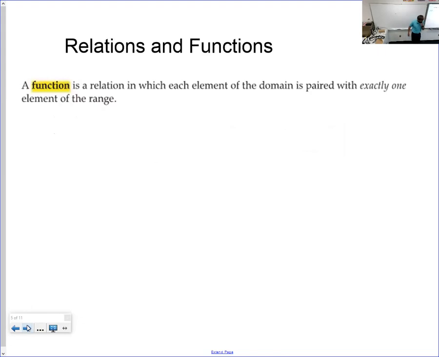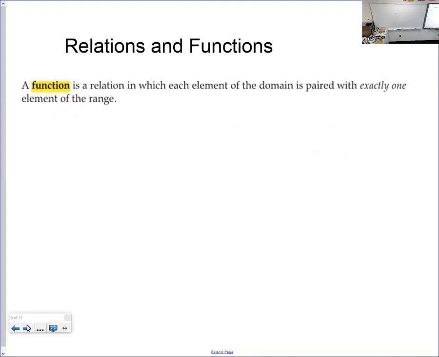So relations and functions. A relation is any set of numbers or any equation that can be given. A function then is a special type of relation in which each element, each number, each part of the domain is paired with exactly one thing in the range.